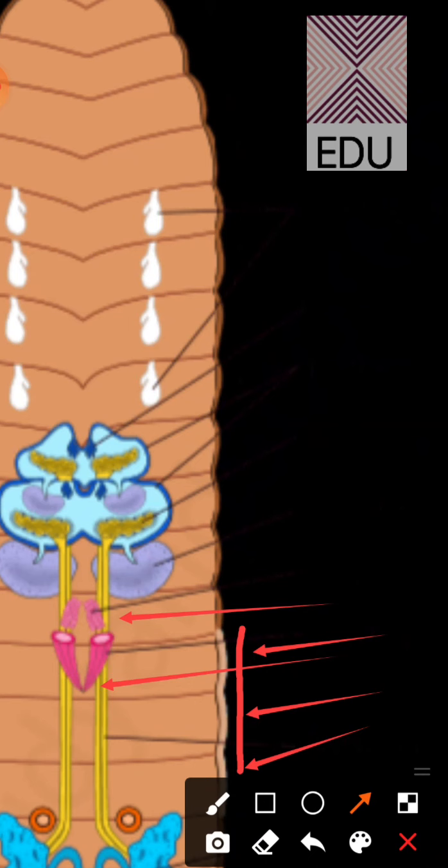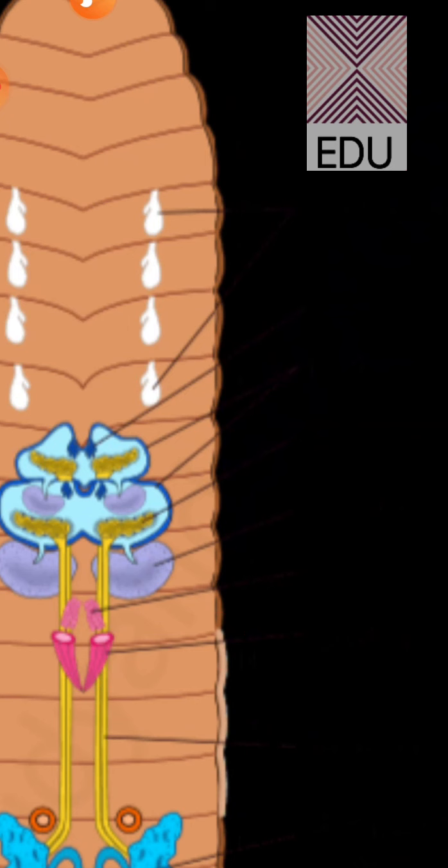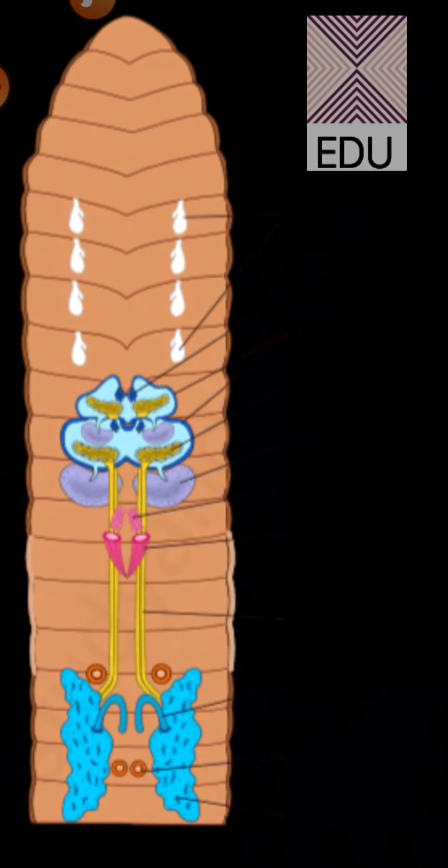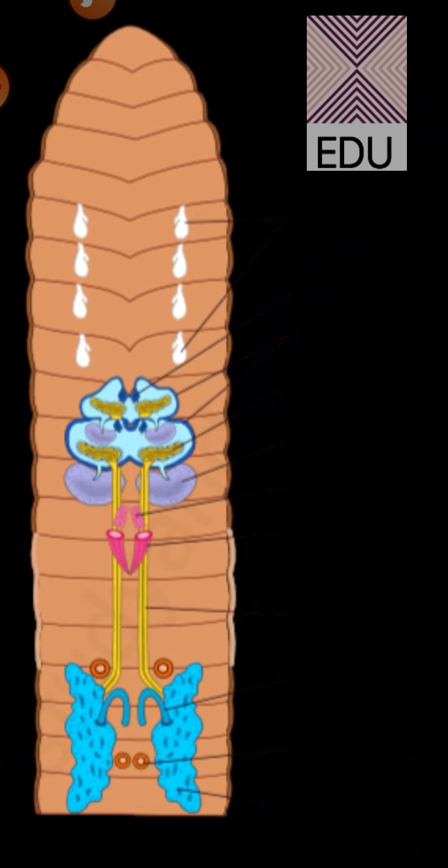So in the 14th segment you have the female genital pore. So I think you are clear about this particular system, and this is the female reproductive system in case of the earthworm. Now the rest of the structures which are present over here belong to the male reproductive system.